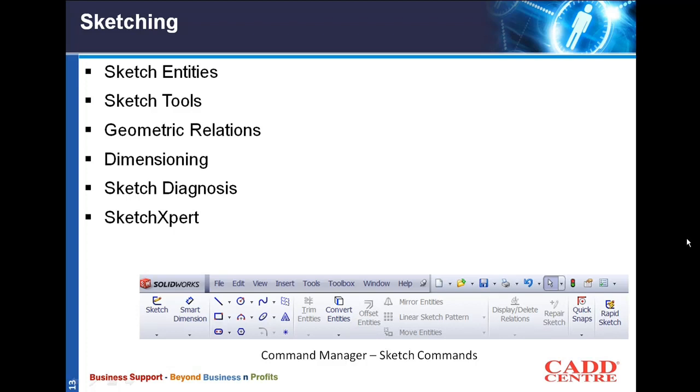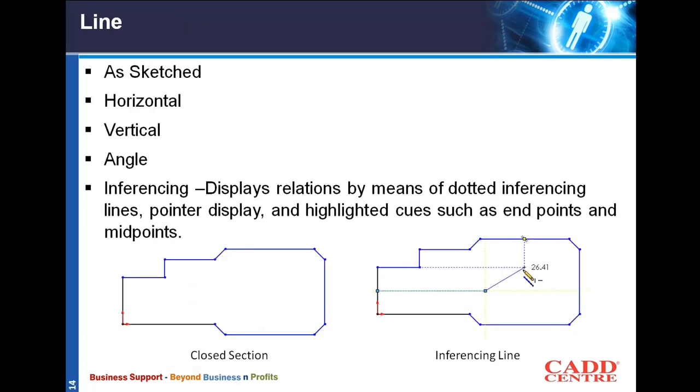These are the different commands and topics we are going to cover in sketching of SolidWorks. And all these tools will be available in the command manager of SolidWorks. You can see here a clip of that view. To start with, we will first see the line command. A line is nothing but the shortest distance between two points.